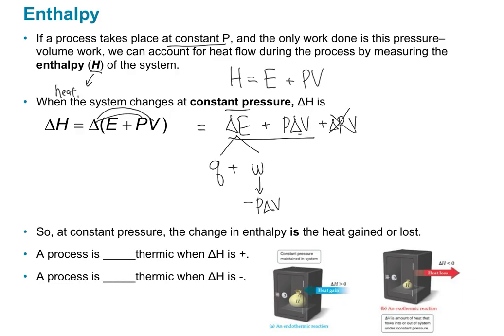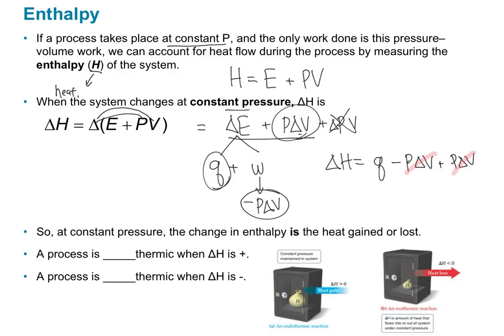So we end up getting here that delta H equals heat plus negative pressure times change in volume plus pressure times change in volume. And hopefully you can see that these terms both cancel, and we get that at constant pressure, the enthalpy is just equal to the heat, which I believe is why it has the letter H instead of a different term.